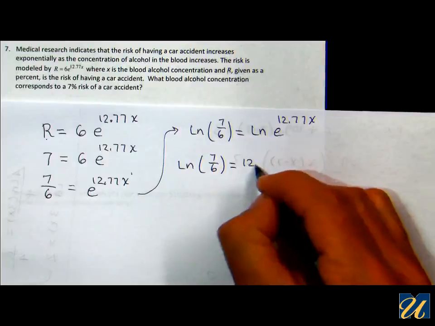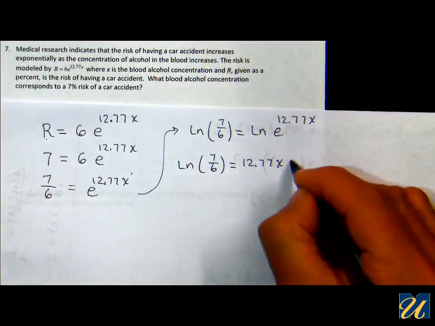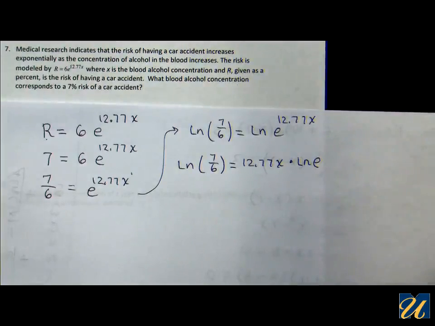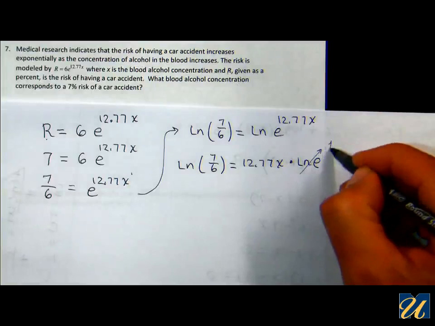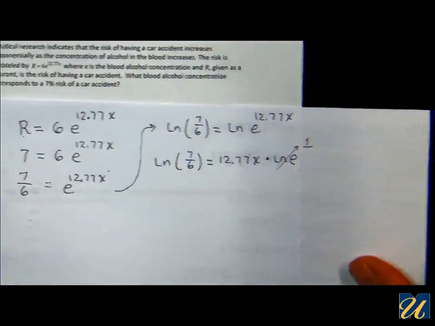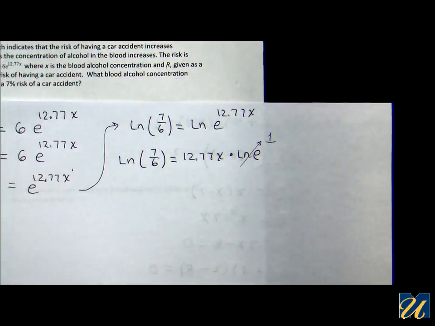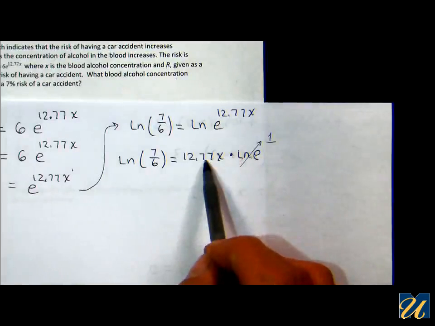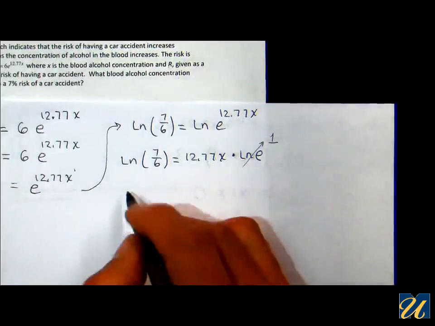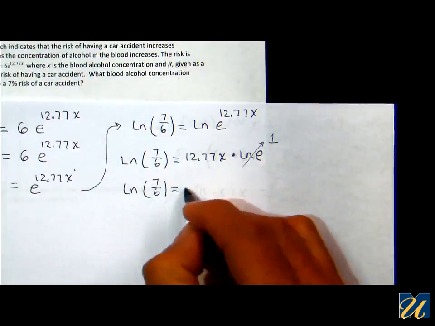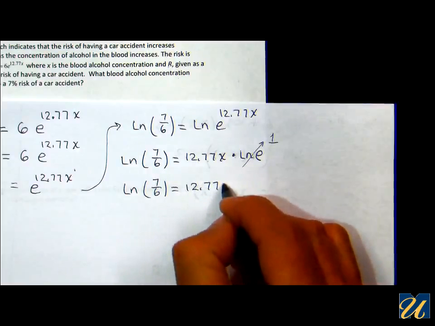Okay, so we got natural log of 7 divided by 6. This is 12.77x times natural log e by the power property. The natural log e is 1, so it can be thrown out. Well, not thrown out, it's 1, and 1 times this is just 12.77x. So the natural log of 7 over 6 is equal to 12.77x.